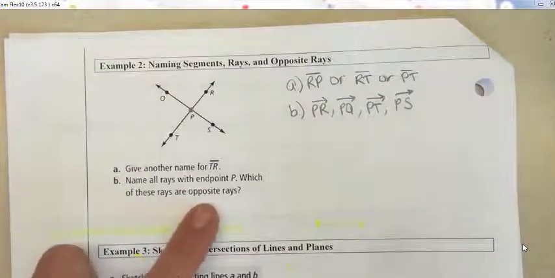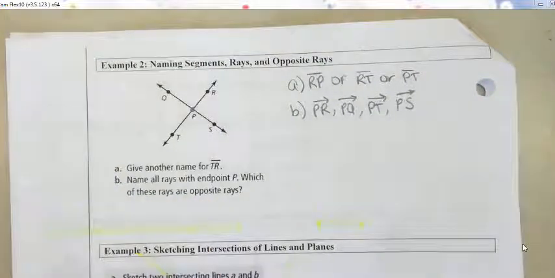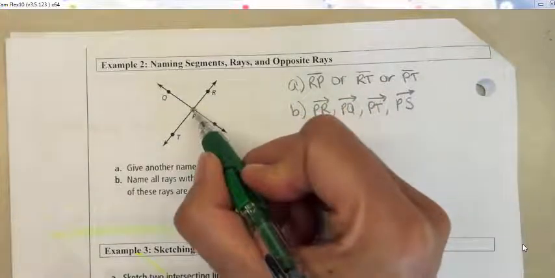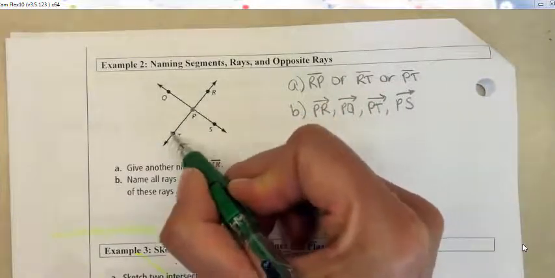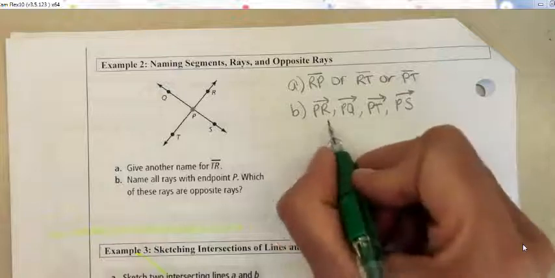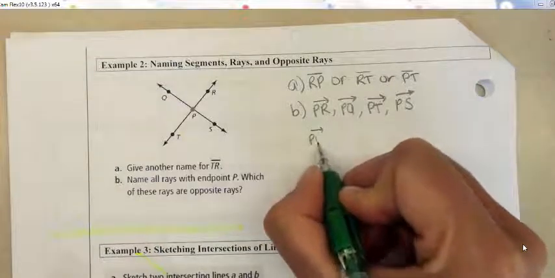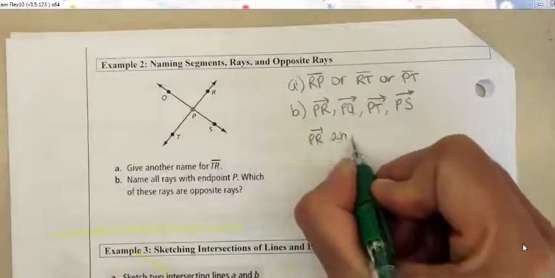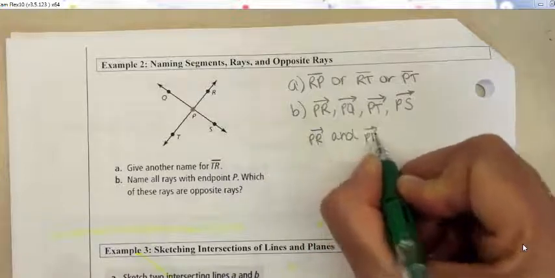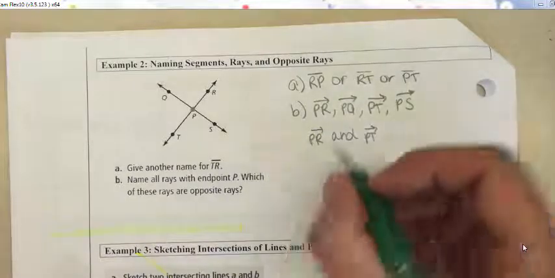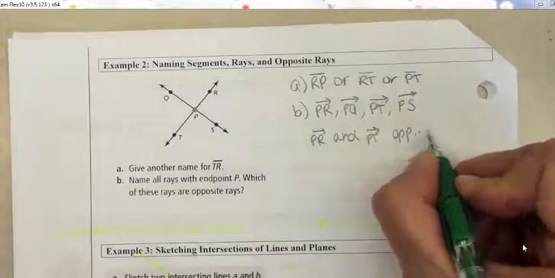Which of these rays are opposite rays? So which of them actually forms a line, I guess is the question, right? So ray PR and ray PT, those form a line. So we can say that ray PR and ray PT are opposite rays.